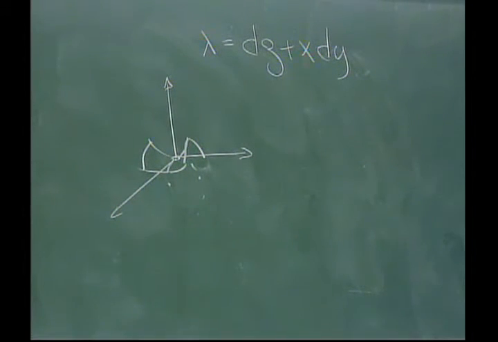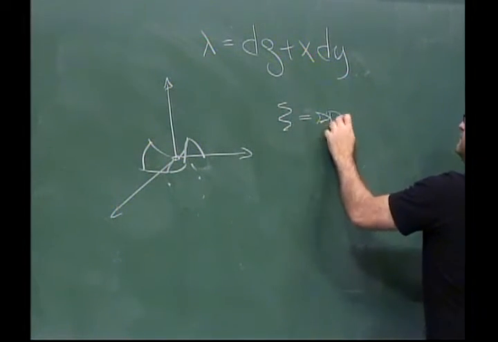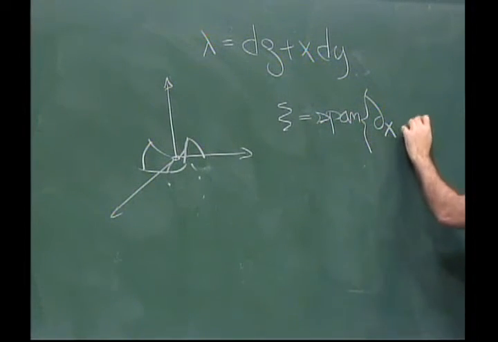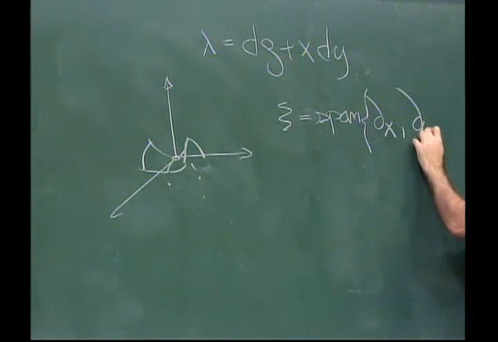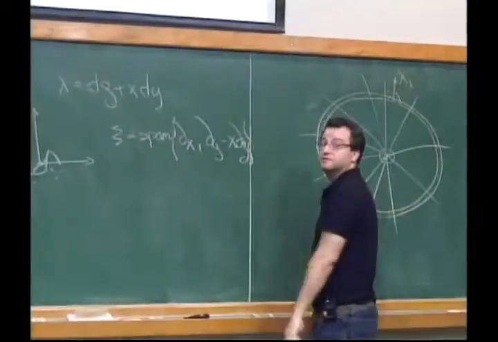So when you do that, then you can choose J in the contact structure very appropriately. The contact structure in this way is spanned by del x and del y minus x del z, these two vectors.